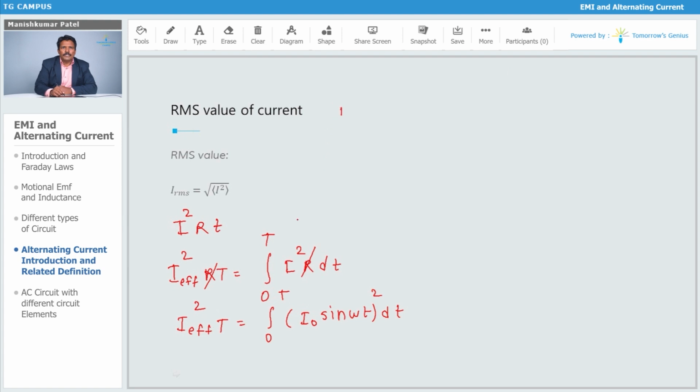Then I can say this is 1 by T, from 0 to T, I naught square sine square omega t dt.